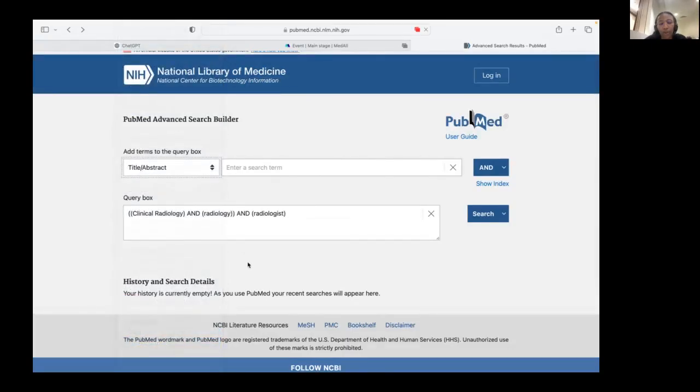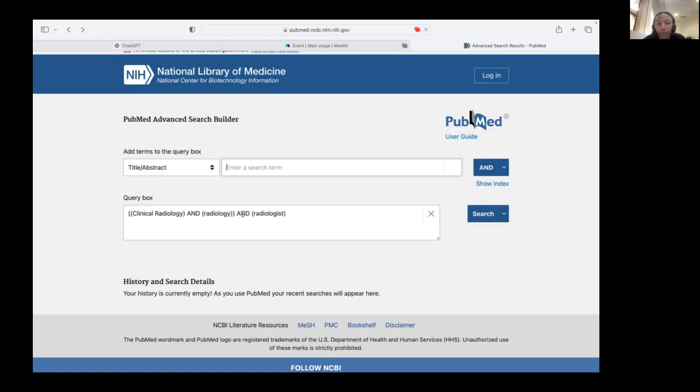So if a paper has any of these terms in its title and its abstract, then it would be captured by our search strategy. There are other truncation terms. So basically, if you do radiology and include this, it would include any other word that ends with radiology, radiologist, but I'm not going to talk about these here.